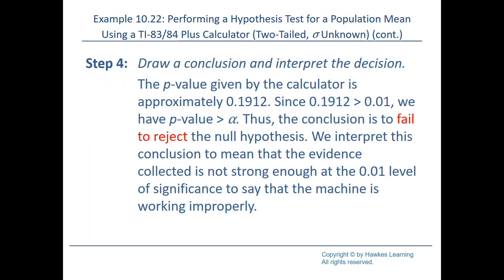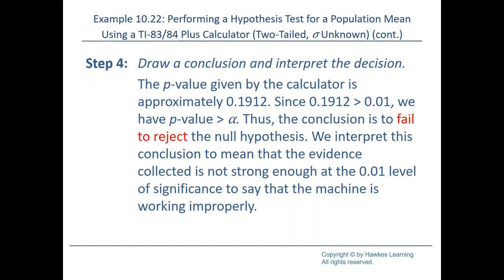Now we have to actually draw the conclusion. And this is where you take note of what the p-value was and what your alpha was. So in our case here, the p-value given by the calculator was 0.1912. Our level of significance, our alpha, was 0.01.